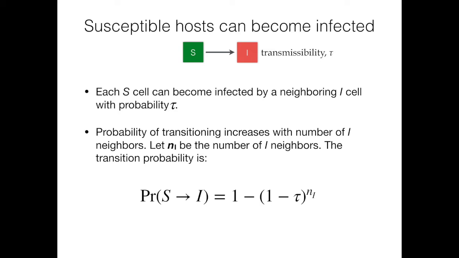So n sub I is the number of infected neighbors. The probability of transitioning from a susceptible host to an infected host is just this. Again, just like n sub s, n sub I is always going to be a number between 0 and 4.